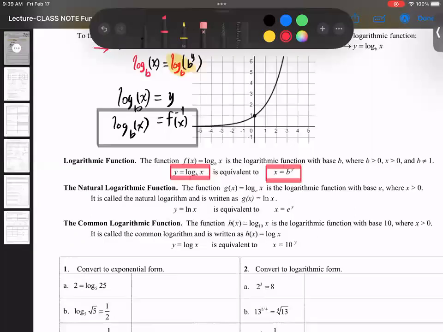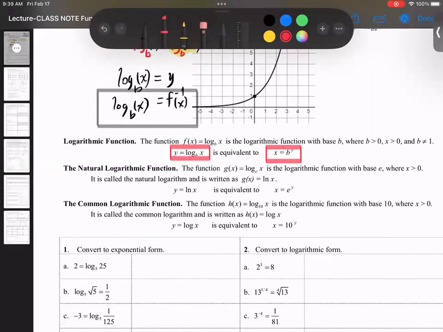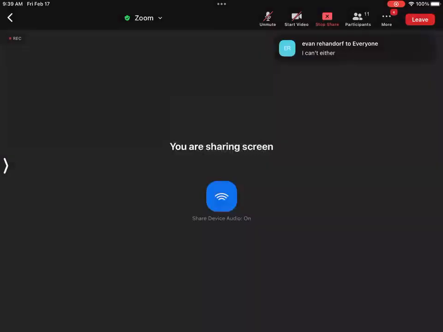Give me a second. Oh, okay. How did I do that? I don't want to touch it.